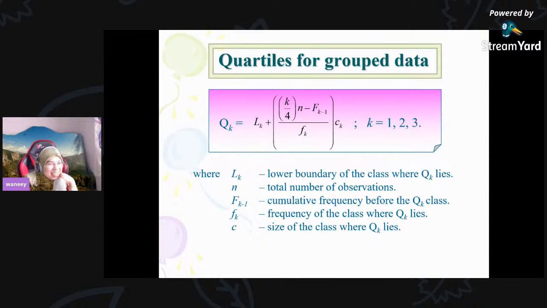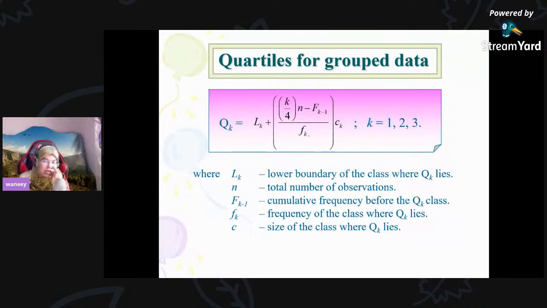Okay, so now let us proceed. Quartile for percentile, for group data. The formula is Qk equal to Lk plus (k over 4 N minus F(k-1)) over f_k, multiplied with Ck.